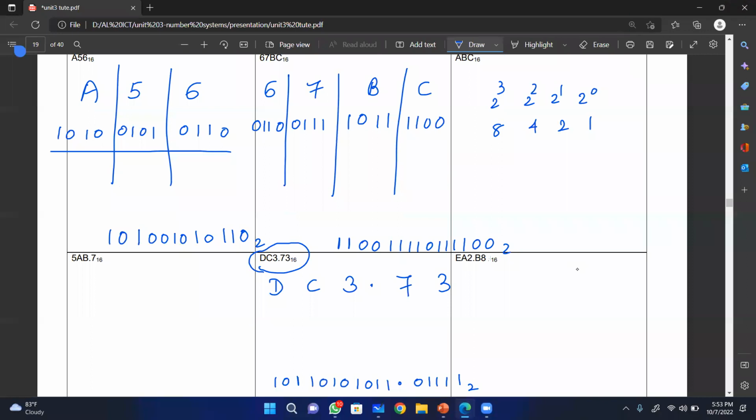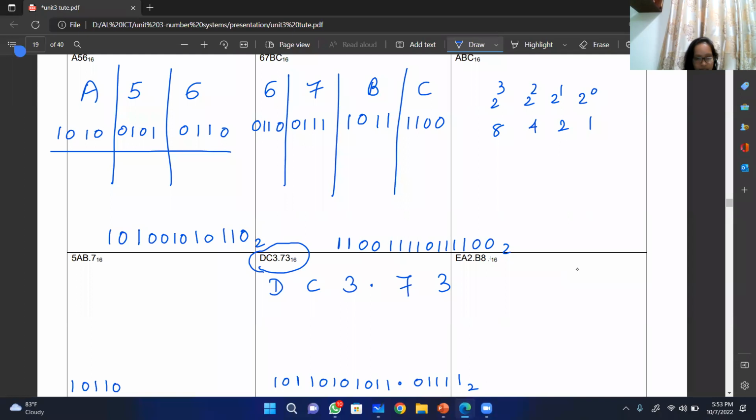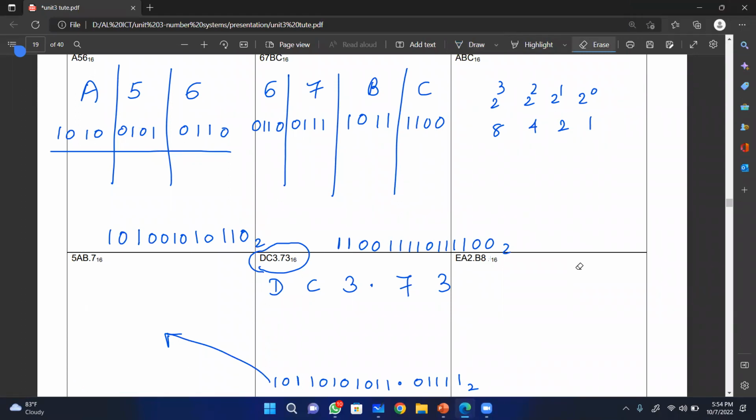I did the 5AB.7. This one, fourth one. The fourth one's answer has been taken by Gauravi, so you can just check it when you do it as homework. I got the same answer. That is for the fourth one, right?